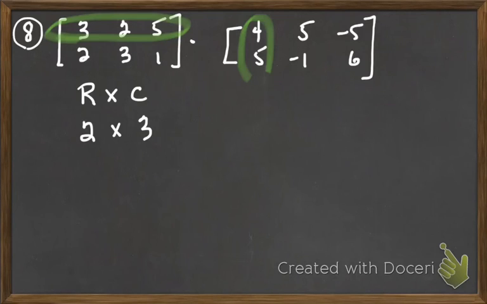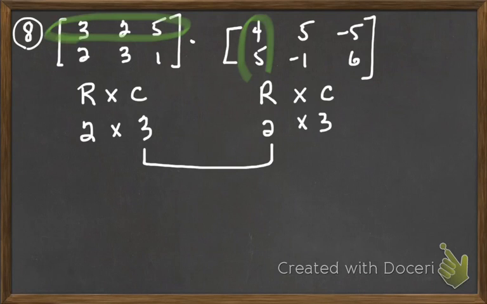How many rows in the second matrix? 2. How many columns? 3. So are the 2 inside dimensions the same? No. And that's when you won't have enough numbers in your row and your column that won't be the same, and you won't be able to multiply. So on this worksheet, if you can't multiply 2 matrices together, they're asking you to write undefined.